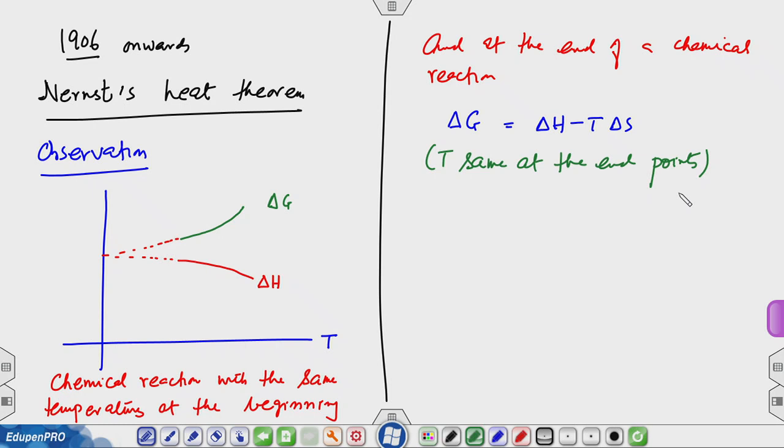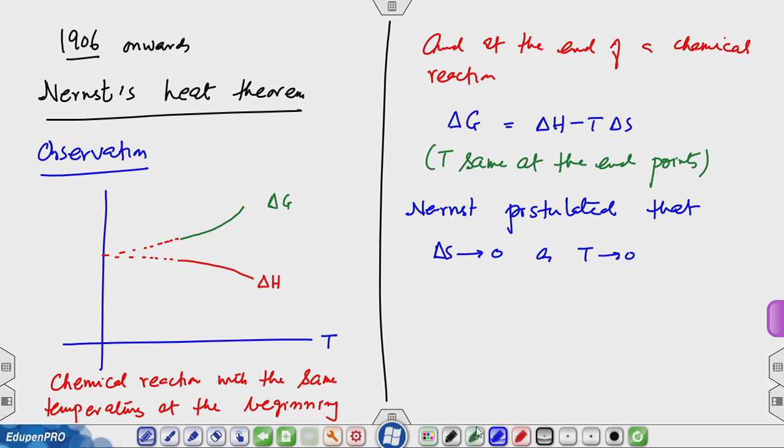This implies that delta S is also changing, and Nernst postulated that delta S tends to 0 as T tends to 0. So, these two curves meet each other.